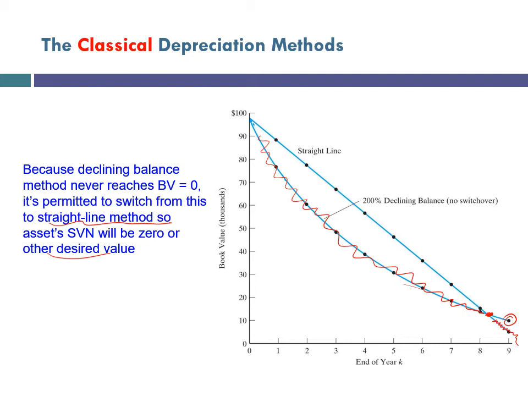But since it will not reach the final salvage value, because the salvage value is not in the formula itself, after some point you need to switch from the declining balance method to the straight line method.